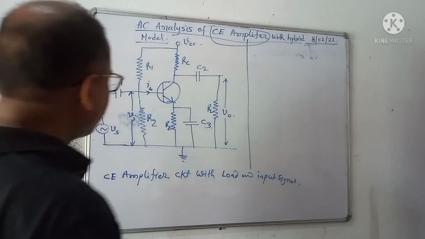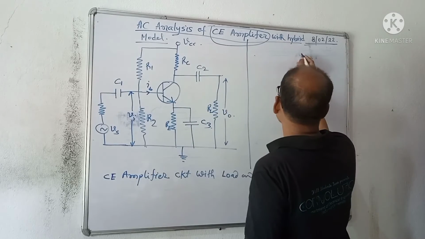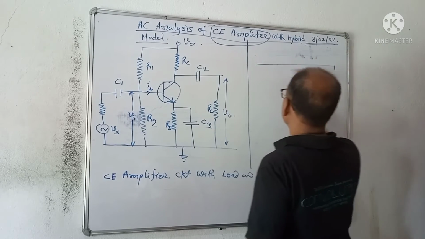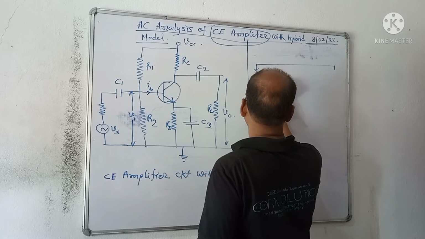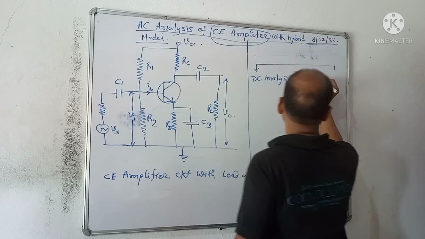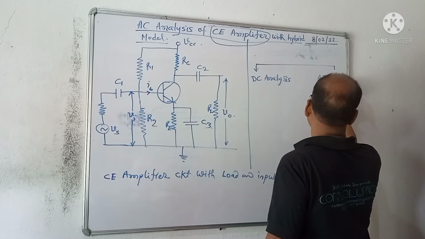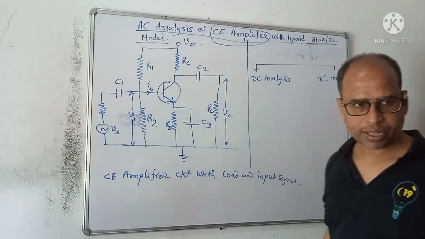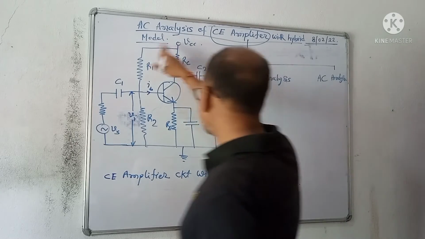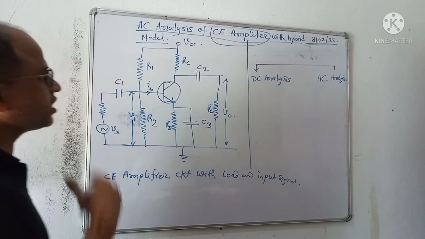Fine. From the given amplifier circuit, I can do DC analysis and AC analysis. For DC analysis, no need of hybrid model. Now, from this amplifier circuit, how can you draw the DC circuit?